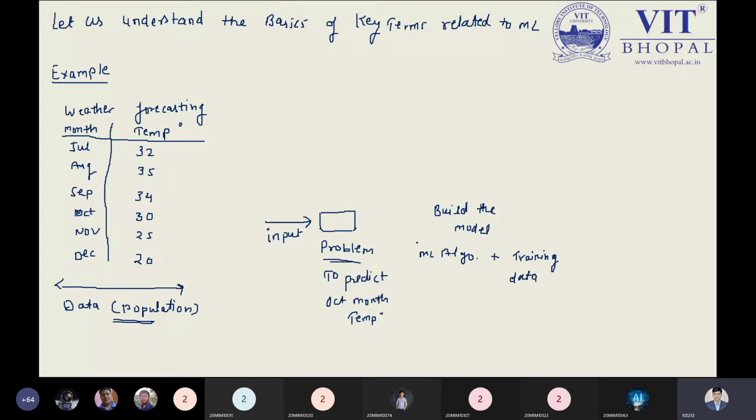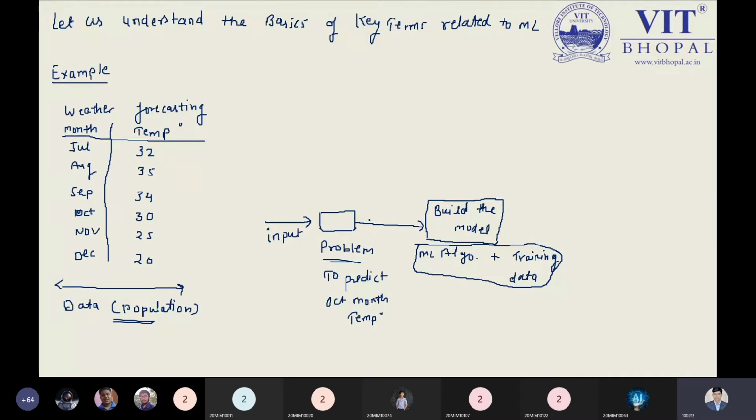With the help of these two points, I can build my model. So after understanding the problem, I have to build my model. So while building my model, I have to understand what is the machine learning algorithm and what is the training data I have to use.